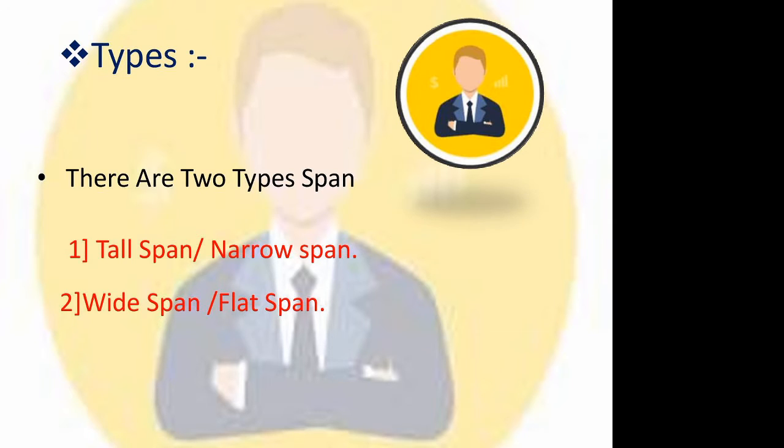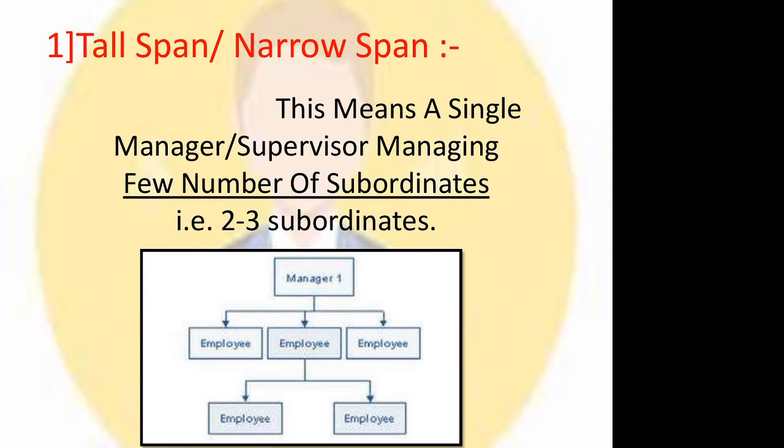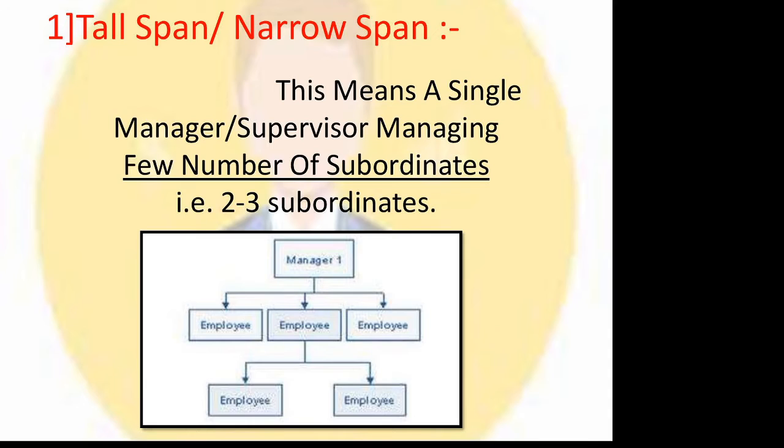So what is actually tall or narrow span? This means a single manager or supervisor manages a few subordinates, that is, two or three subordinates will be there under one supervisor or manager.